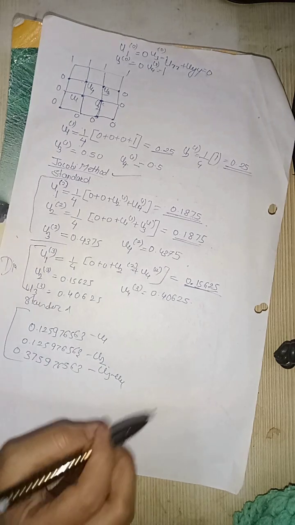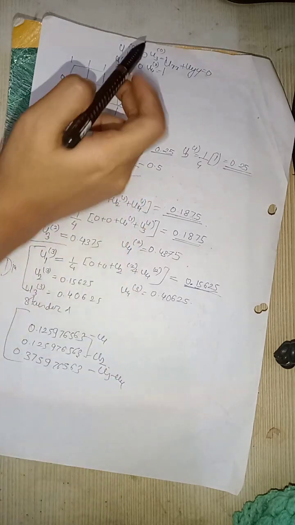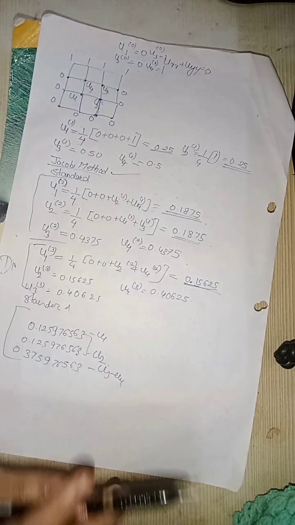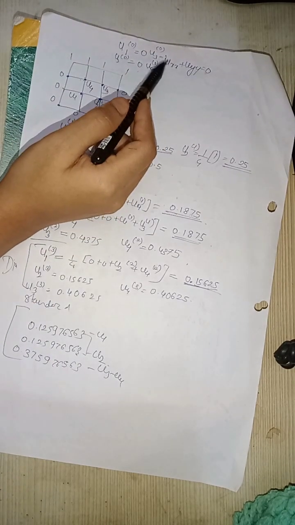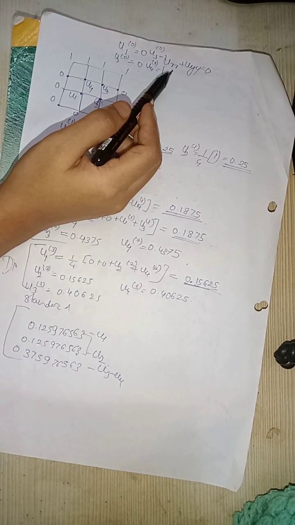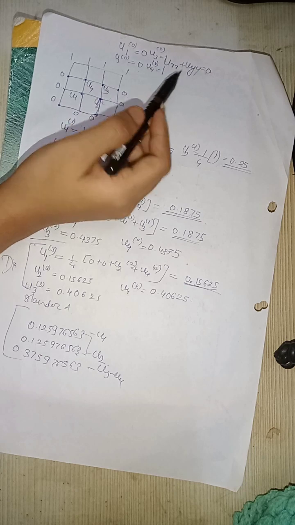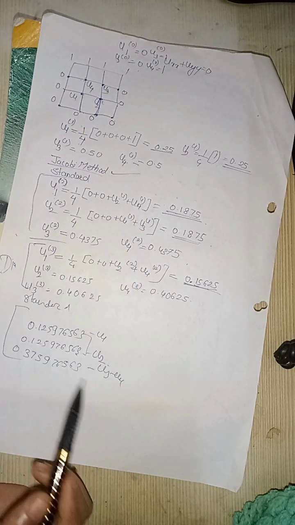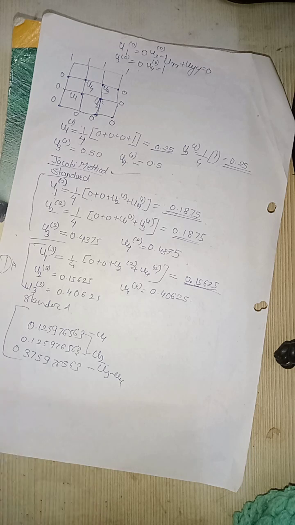So these two were the same, as we had taken the initial values as 0, so it was 0.125 something, and if we had taken u3 and u4 as 1, we got the most approximate solution as 0.37 final. So you can take any initial conditions based on the surrounding conditions, and then you'll get the approximate solution.